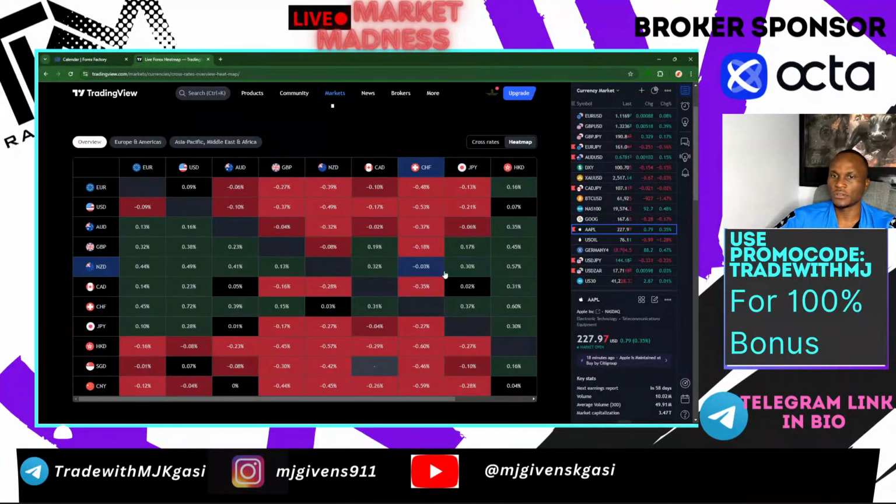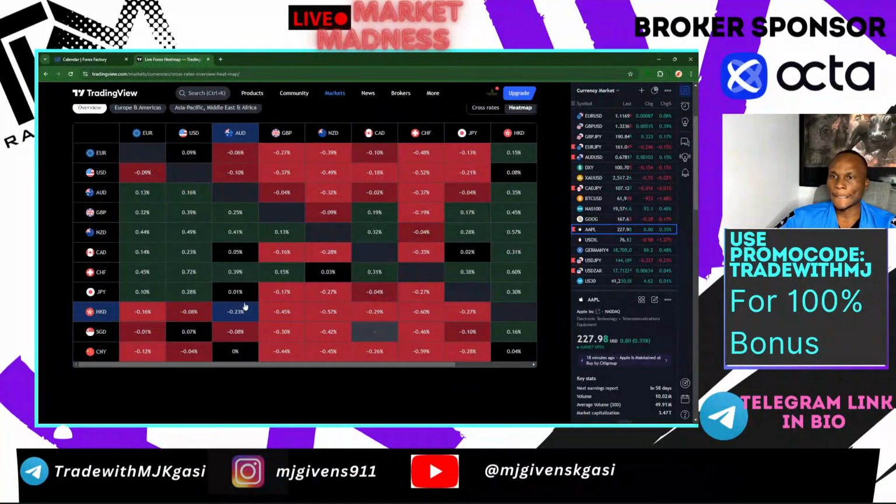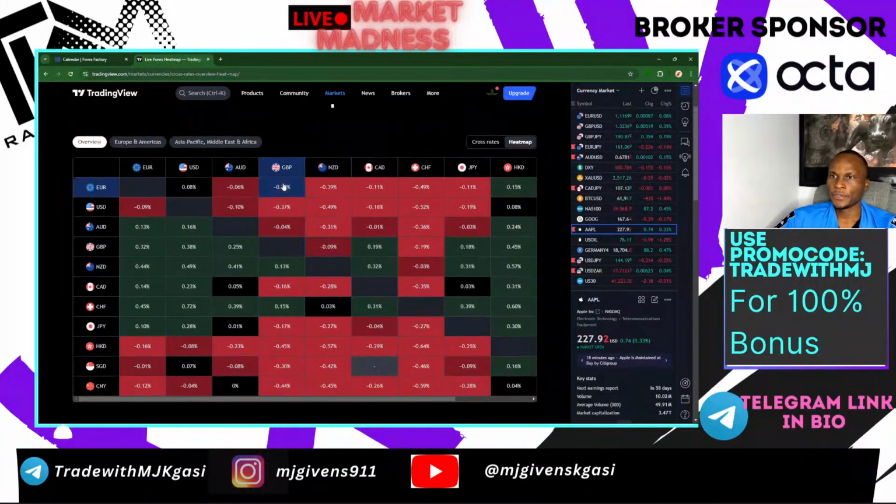Japanese yen is playing in the middle, not really powerful nor weak. So I would say the strongest currency today is the New Zealand dollar, followed by, no, it's the Swiss franc. Swiss franc is all green.